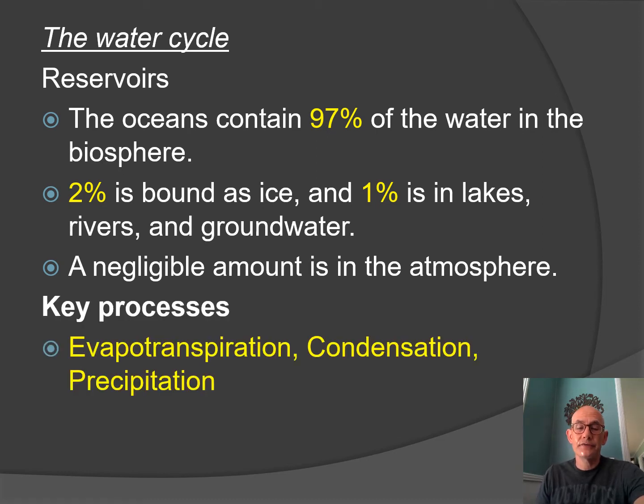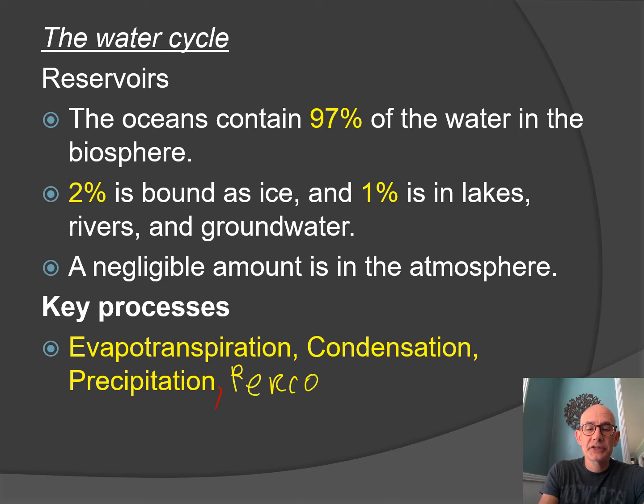And then, of course, you've got your main processes: evapotranspiration, so that is evaporation directly from the ground, transpiration through plants, condensation, that'd be dew on the ground, precipitation, rain, snow, sleet, fog. And then you could add in here percolation.